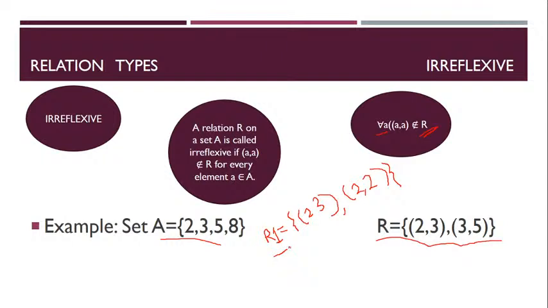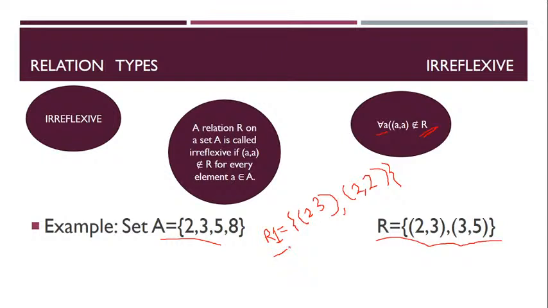What about R1 irreflexive? Irreflexive is saying that no cell loop must be there, but one of the cell loops is there. That is 2 2. That means this R1 is also not irreflexive, isn't it? Just because 2 2 is there, it is also not irreflexive.